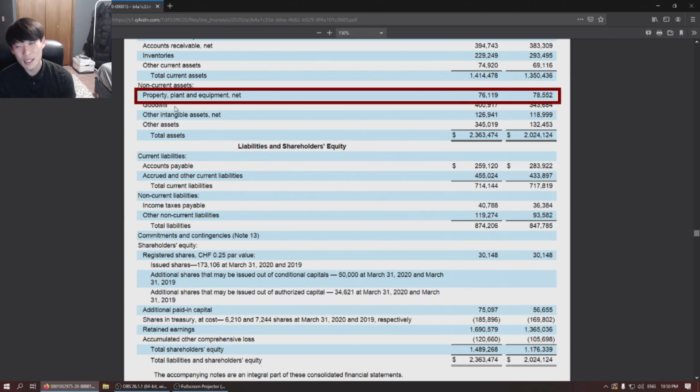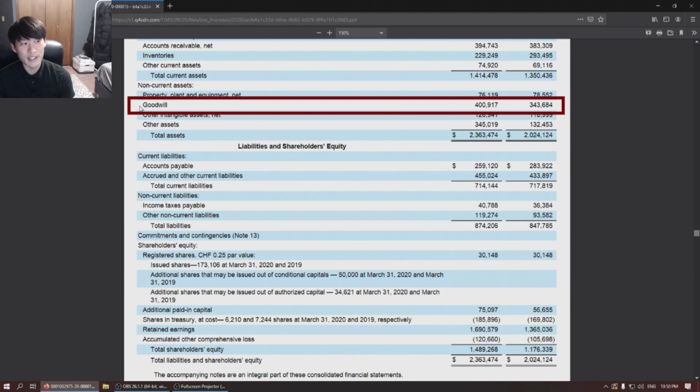When they say property, it's typically a lease or land that they have their manufacturing plant or warehouse on. And then equipment, there is value to that. These things can be converted into cash if need be, but they do play a part in the company operating. On the balance sheet, they have about $76 million worth of that. And that is non-current assets.